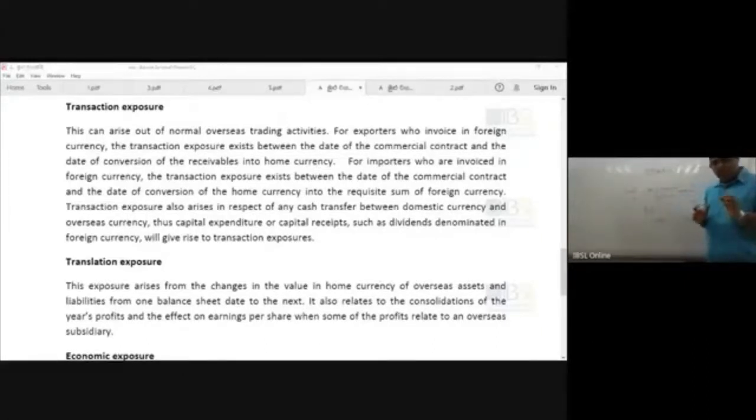Now, what you need to remember is, from the forward rate, when you deduct the spot rate, if you get a positive figure, it's always a premium. Right? So take it down like this. Forward minus spot, if it is positive, that means it's a premium.